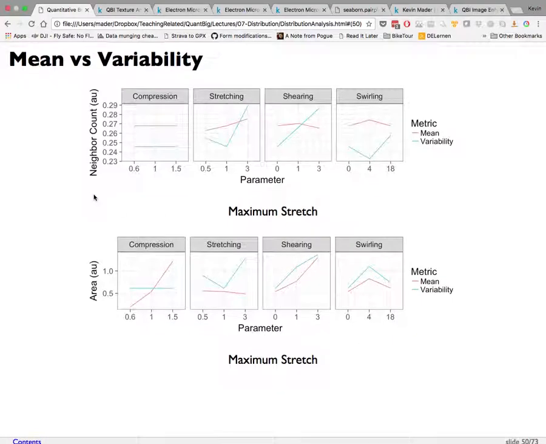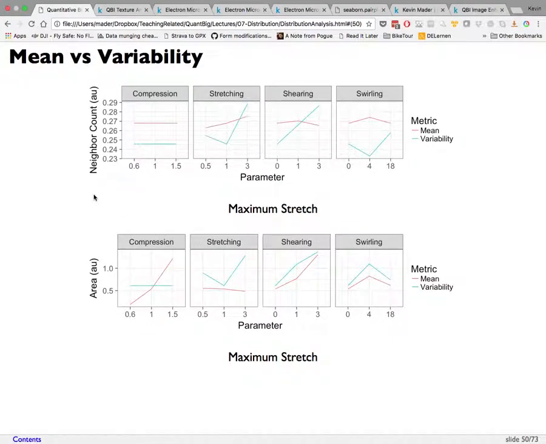Now we can start to look at how the mean and the variability of these different parameters change as we apply these different transformations. With compression, the neighborhood count mean stays constant and the variability stays constant, so independent of what the compression is, that's fixed.